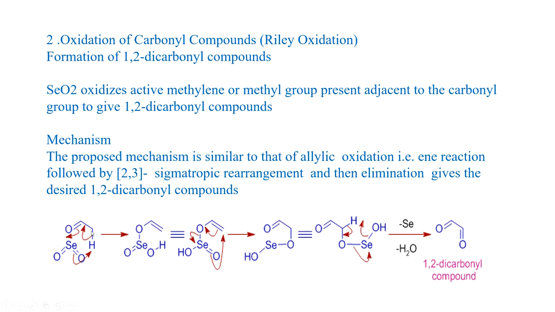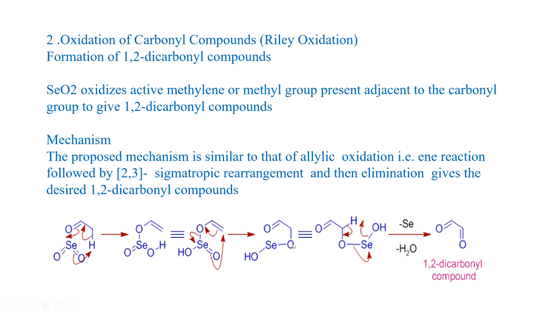Here the CH3 group that is adjacent to this carbonyl group gets oxidized to a carbonyl group, and hence a 1,2-dicarbonyl compound is formed. So we can say selenium dioxide can oxidize active methylene groups. This CH2 group is an active methylene group because it is directly connected to an electron withdrawing carbonyl group, and so it gets oxidized to a carbonyl group, and hence a 1,2-dicarbonyl compound is formed.